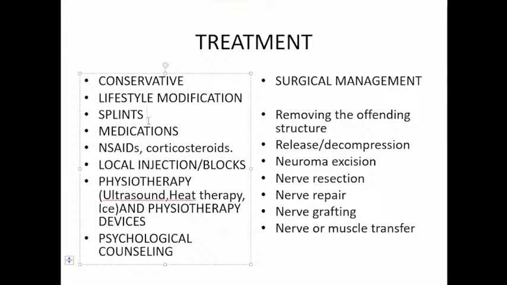Splinting also helps, to splint the area involved. Medications, specifically non-steroidal anti-inflammatory drugs like Brufen, also corticosteroids, reduce inflammation. Sometimes you may give a local injection. Even for carpal tunnel syndrome, you can give an injection directly into the carpal tunnel, and that reduces inflammation.